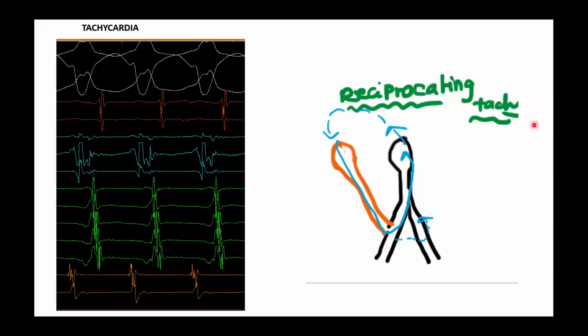After this, the tachycardia will move like that. This is the antidromic tachycardia. The anterograde conduction is via the atrioventricular pathway, inserting into the right bundle, and the retrograde limb is via the node. This is the antidromic tachycardia.